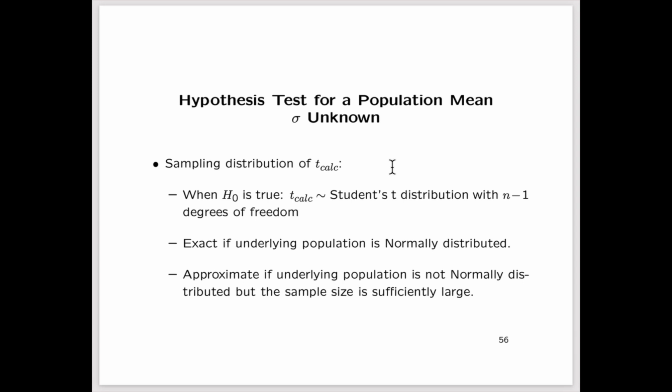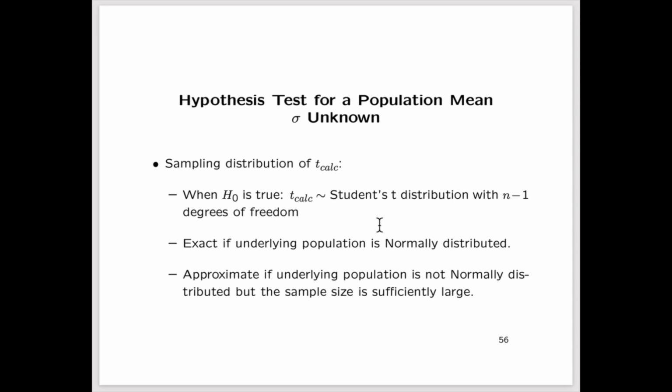In order to use t-calc to make inferences about the population mean, to draw conclusions for these hypotheses, we need to understand the sampling distribution of t-calc. We've already stated that when the null hypothesis is true, t-calc has a student's t-distribution with n-1 degrees of freedom. Let me issue a caveat here: this statement is exact if the underlying population is normally distributed.